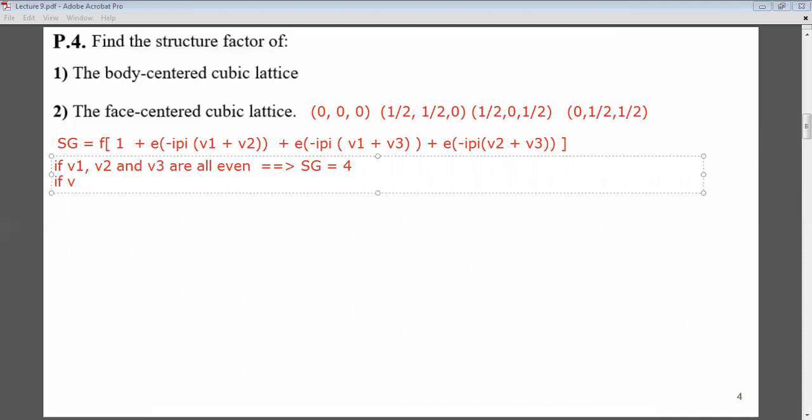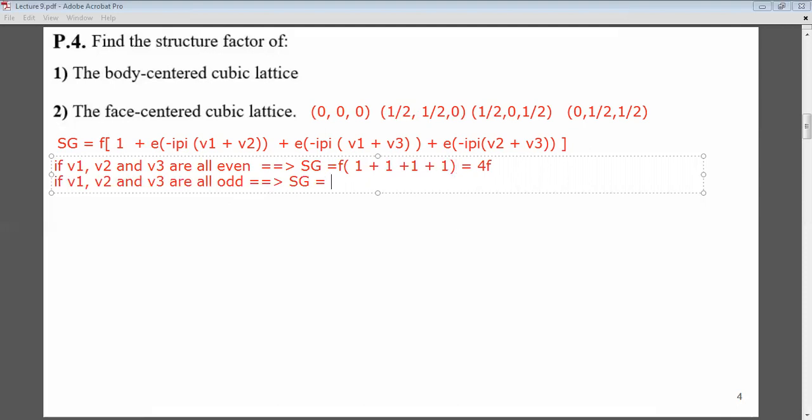Same thing if V1, V2, and V3 are all odd. If they are all odd, what do I get? Above it was 1 plus 1 plus 1 plus 1, which is equal to 4. The first term, of course, is multiplied by F, so SG equals F into this.